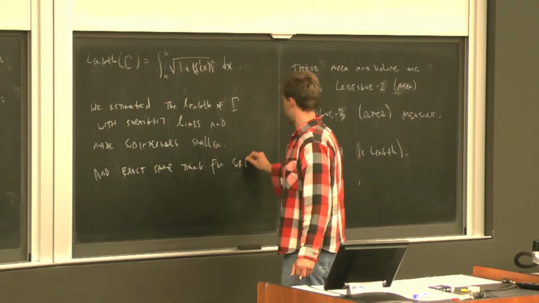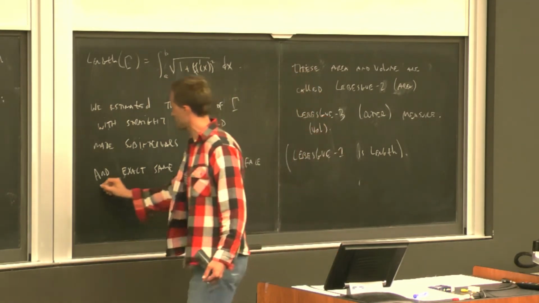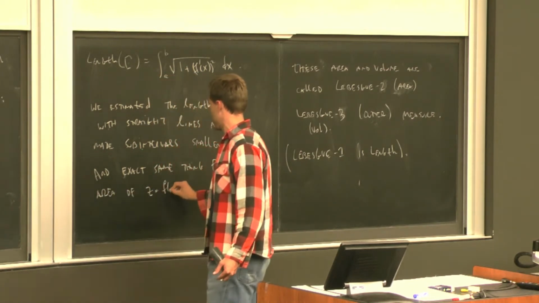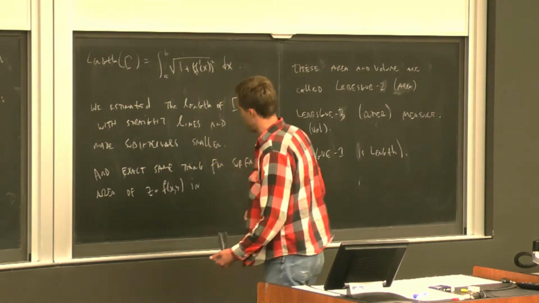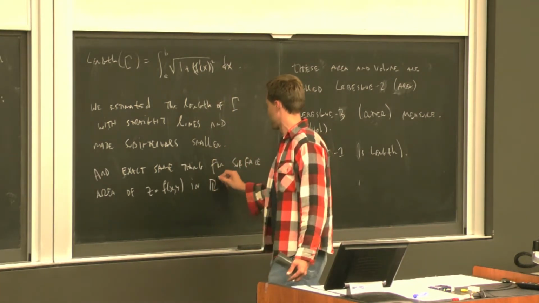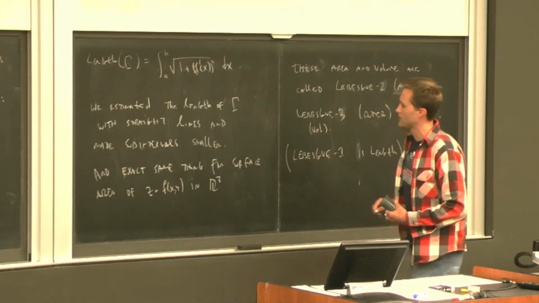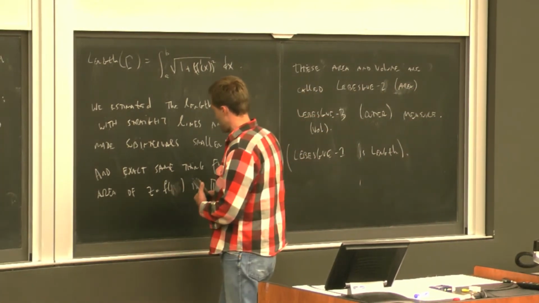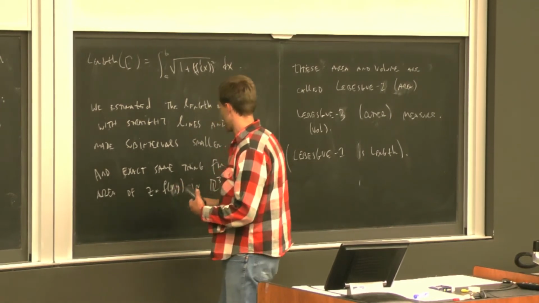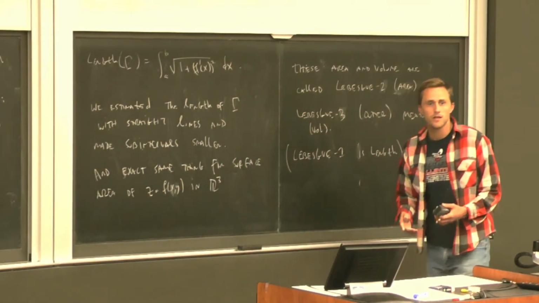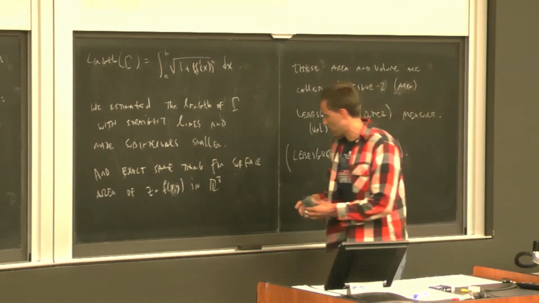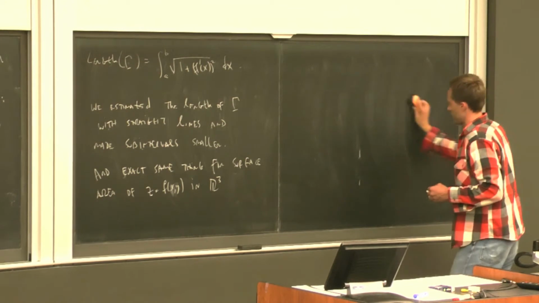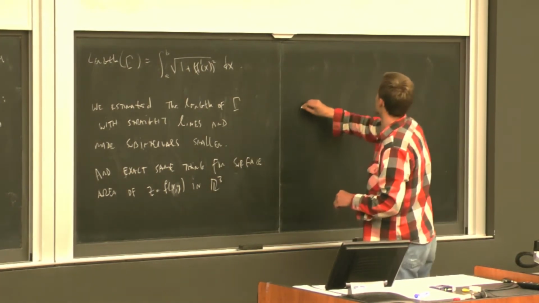For a surface area of z equals f of x, y in R3. So if this function is differentiable in x and y, we estimated, remember, you estimated the volume underneath the surface by a parallelogram going in two different directions.